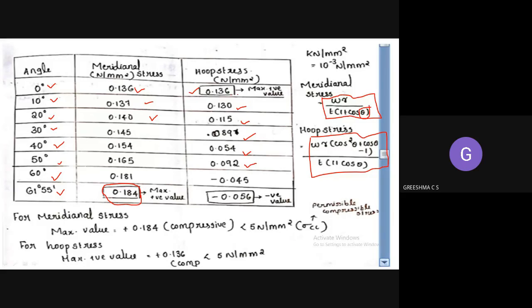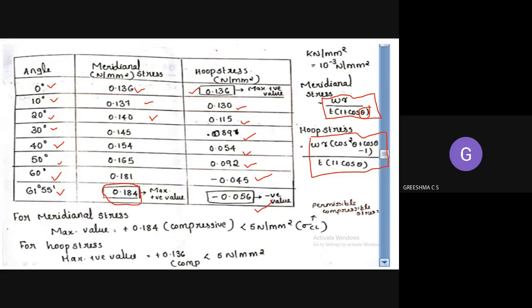At 10 degree and 20 degree the stress has decreased, at 30 degree it decreased again. At 50 degree the stress has increased, 0.092. And at 60 degree you will get a negative value, minus 0.05. And again at 61 degree 55 minutes you are getting another negative value.